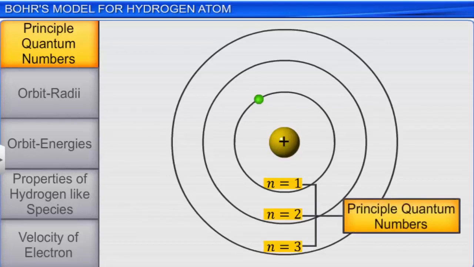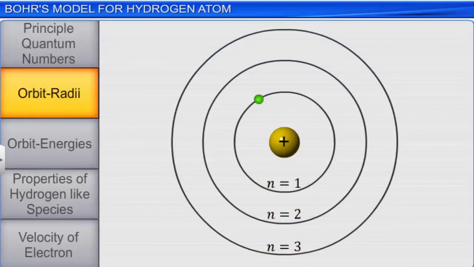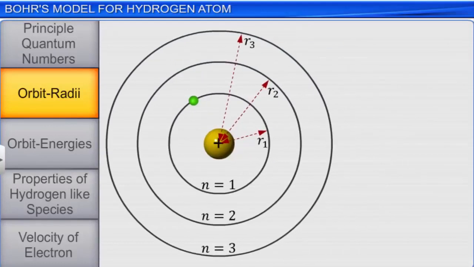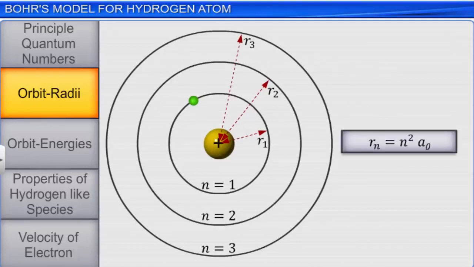The radii of stationary states or orbits can be given by the expression: radius of the nth orbit, Rn, is equal to n square multiplied by the constant a0, which is equal to 52.9 picometer.